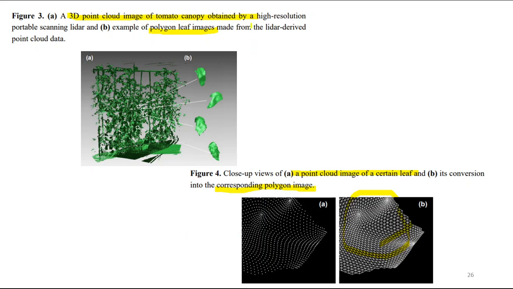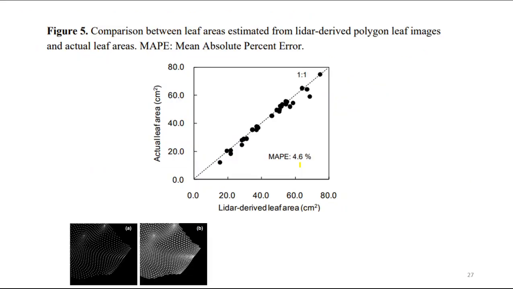By this way, we get what we call a polygon leaf. A polygon is like this one, I'm drawing a polygon. A polygon is a shape with many edges. Figure 5 compares the leaf area estimated from the LiDAR-derived polygon leaf image with the actual leaf area.